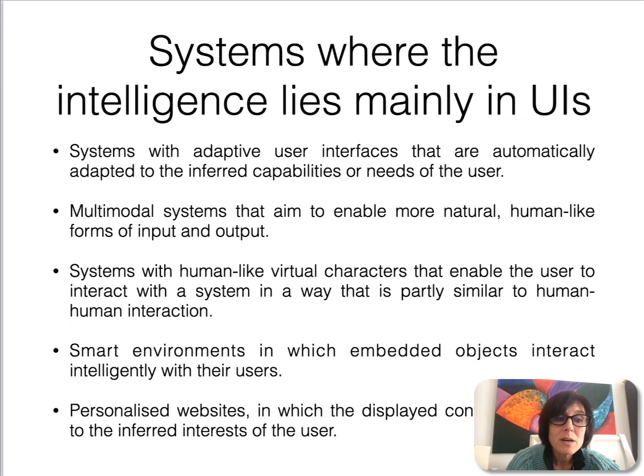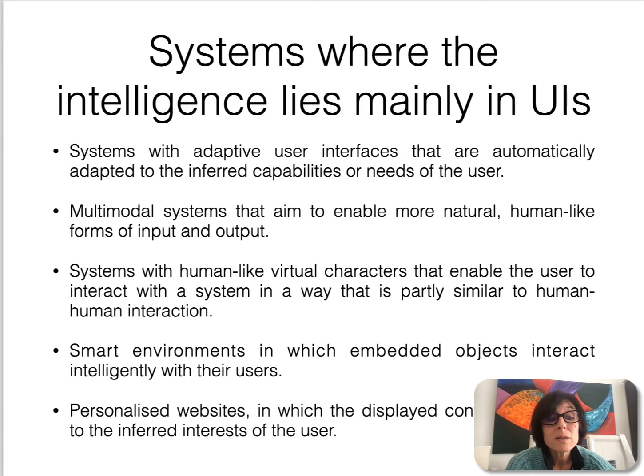Now, there are examples of systems where we can say that intelligence lies mostly in the interface. For example, systems with adaptive user interfaces that are automatically adapted to the inferred capabilities or needs of the user, multimodal systems that aim to enable more natural human-like forms of input and output, systems with human-like virtual characters that enable the user to interact with a system in a way that is partly similar to human interaction.